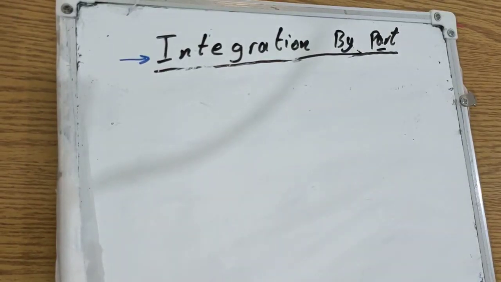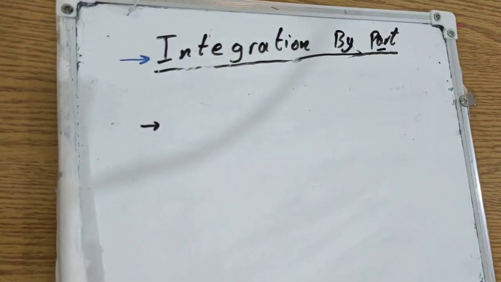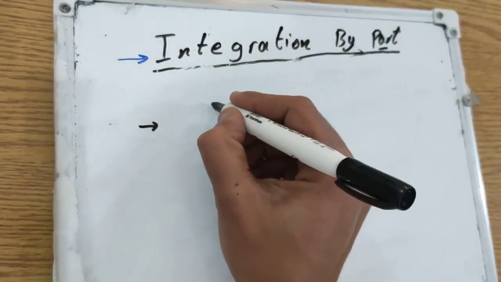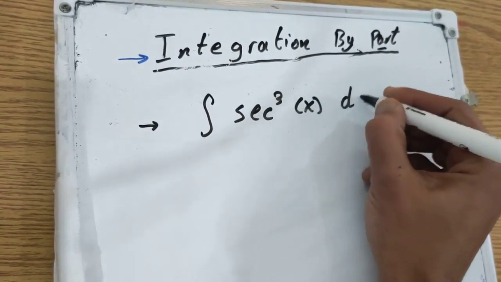Let's see another example for integrations that can return to their original form again. Say we need to evaluate the integration of sec cube x dx.